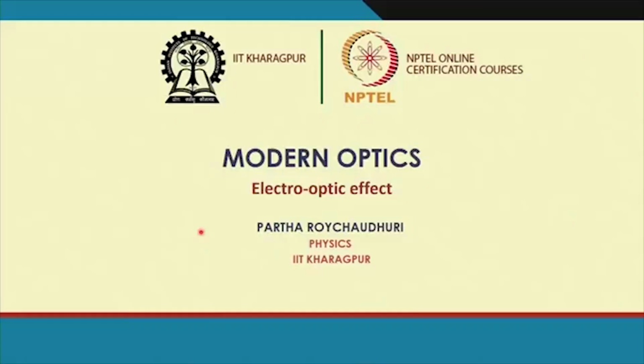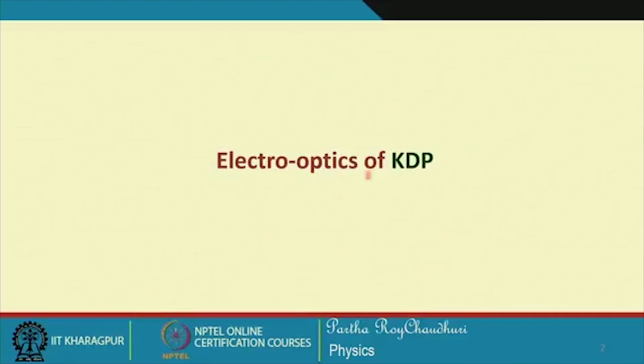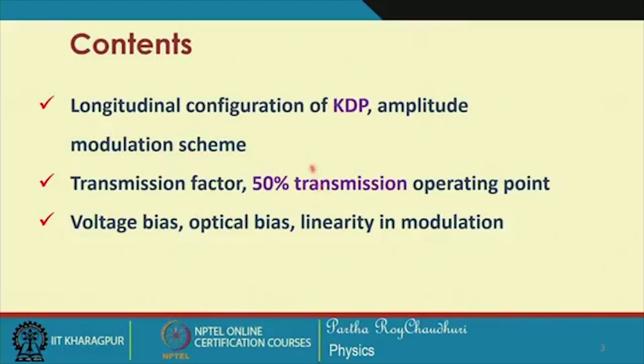So, we were discussing the electro-optics of anisotropic crystals, and we were discussing this KDP crystal, the properties of this KDP crystal. We will now see the configuration of this KDP crystal and how the amplitude and phase can be modulated.